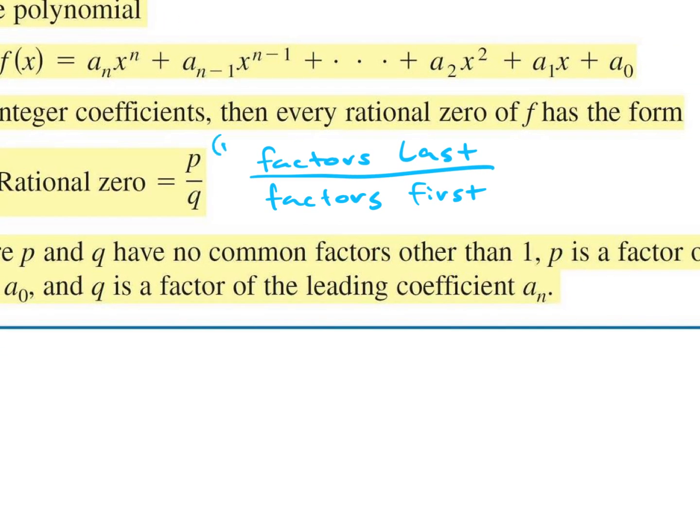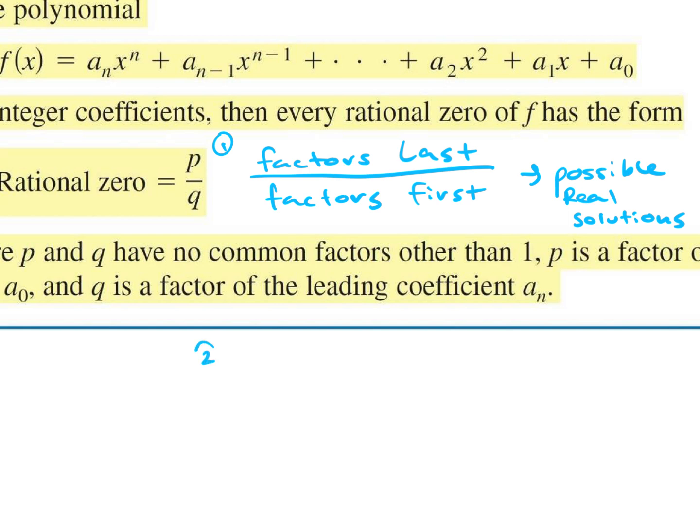So this is step 1. This gives us the possible real solutions. Factors of the last over factors of the first gives us our possible real solutions. They may not all be solutions, but those are possibilities.